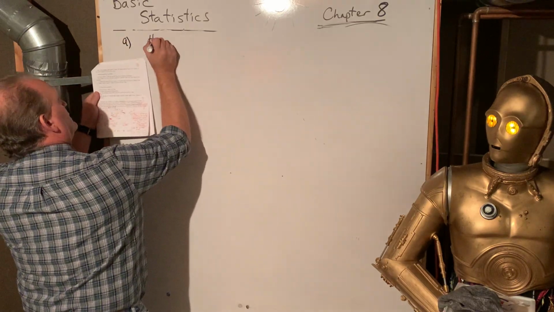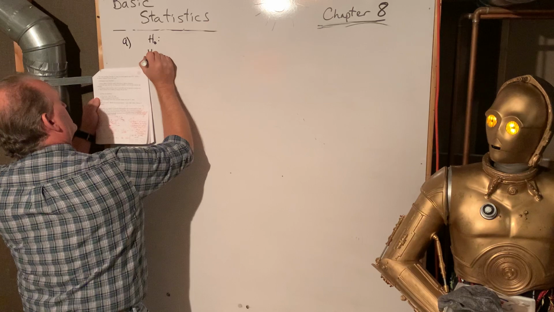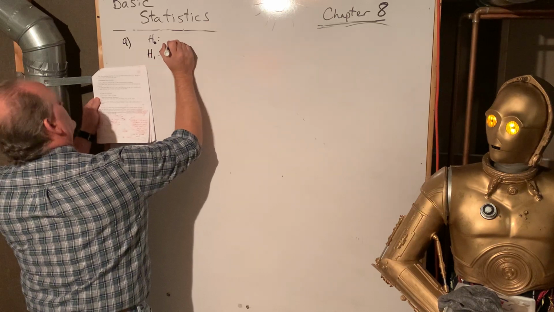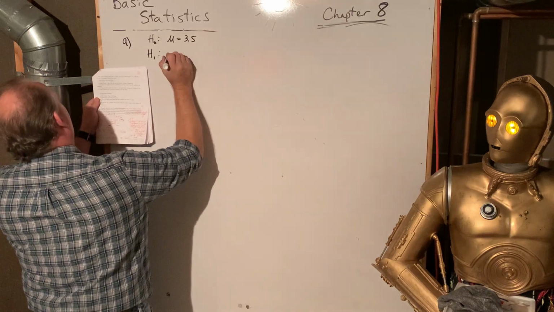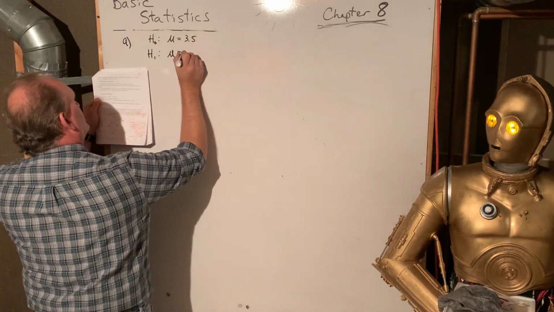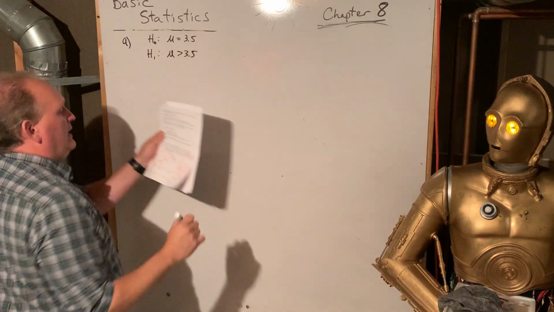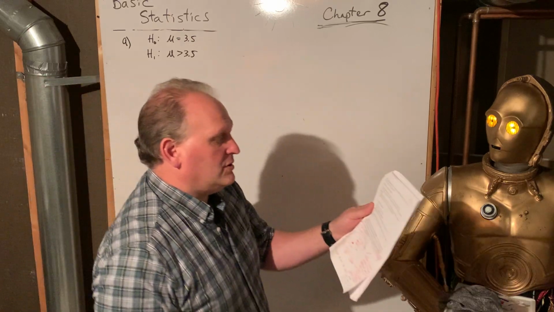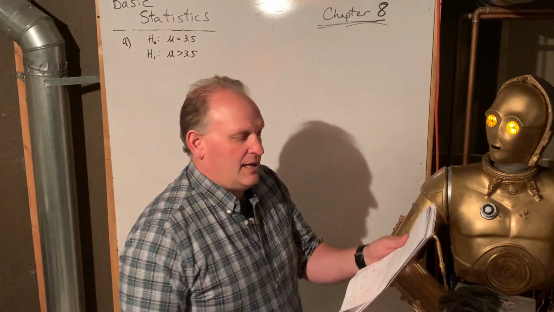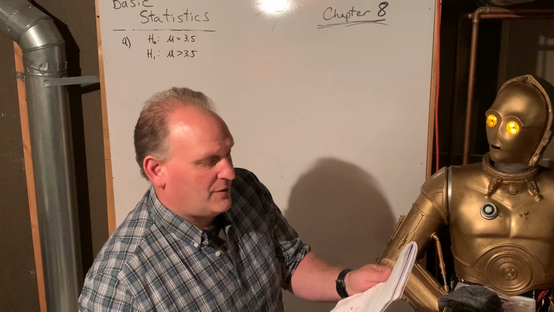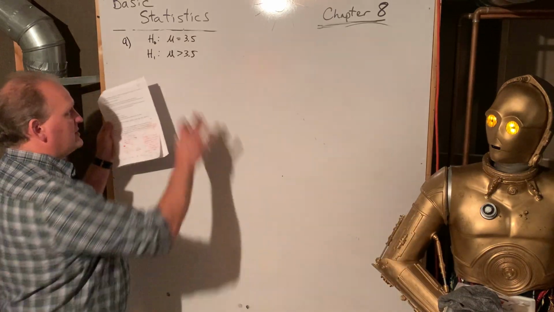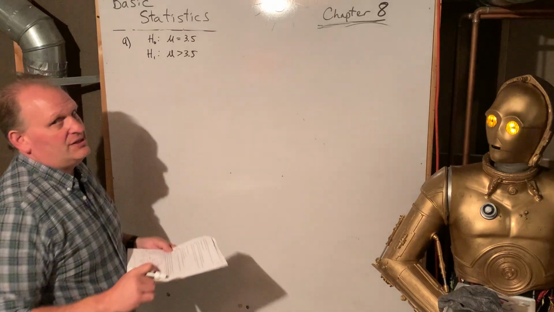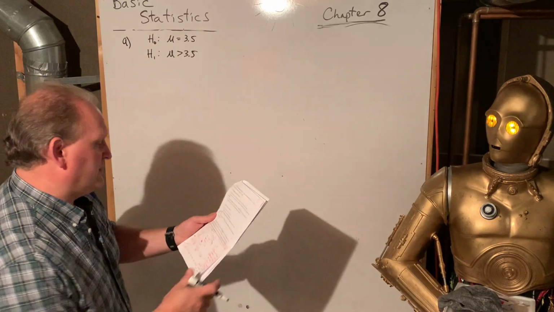The null and the alternative hypothesis: the null is mu is equal to 3.5. The alternative is mu is greater than 3.5. And again, you could have had the null be mu is less than or equal to 3.5, but I'm just going with equals. Your book usually uses equals, so I'm trying to keep it like the book for you.